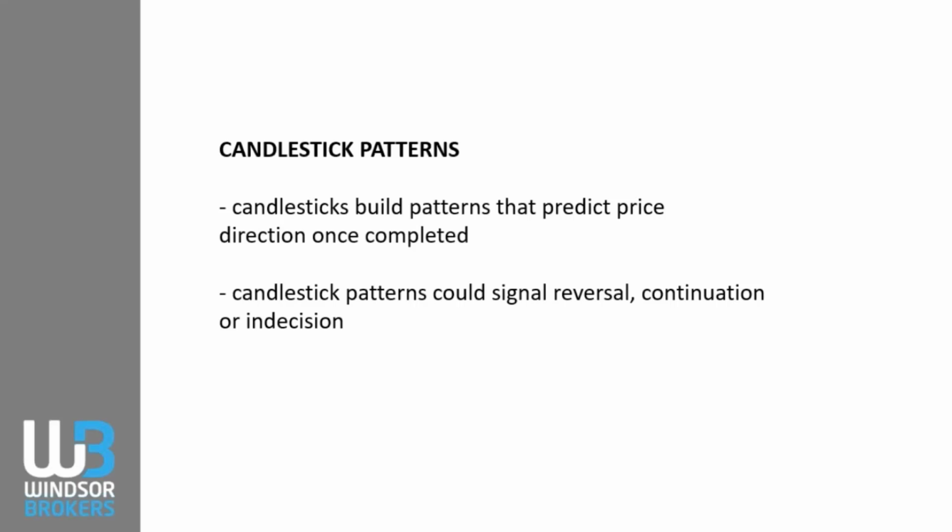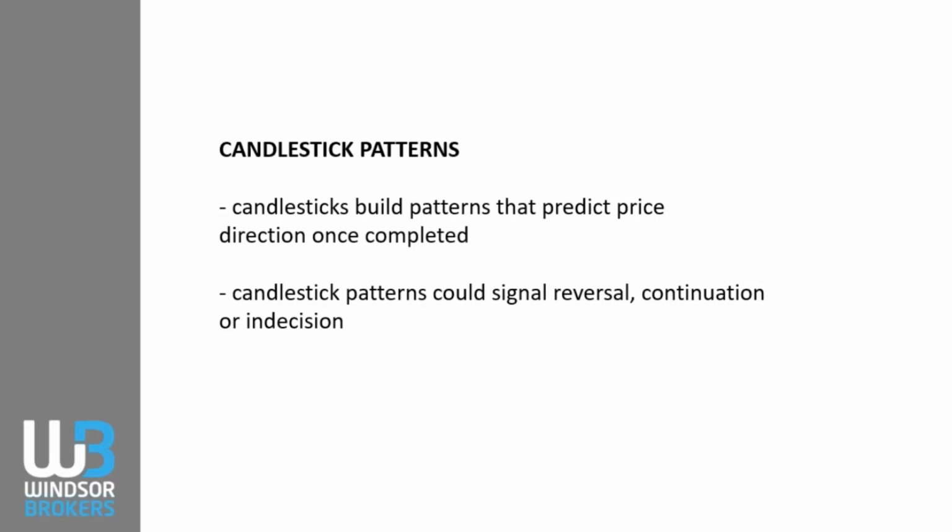They build patterns that basically predict direction once the pattern is completed. So every pattern needs to be completed in order to get a clear signal. Again, we have various signals from the candlestick patterns, and the main groups are reversal, continuation, or indecision.